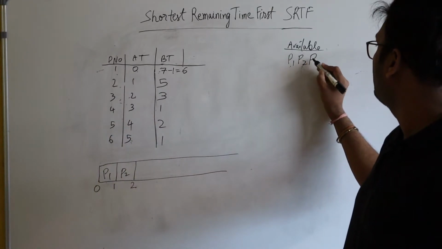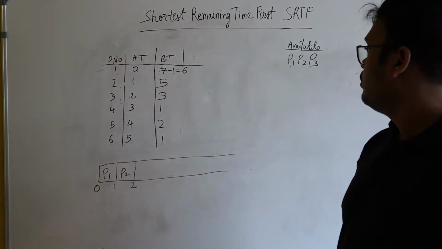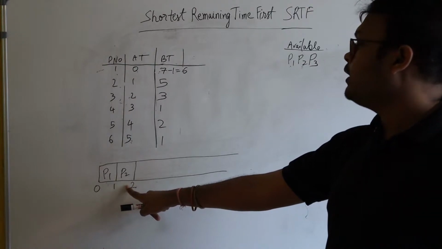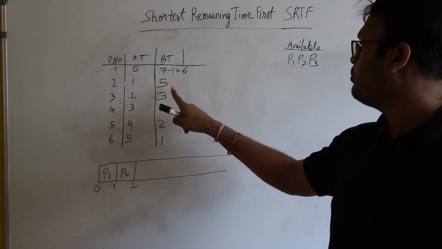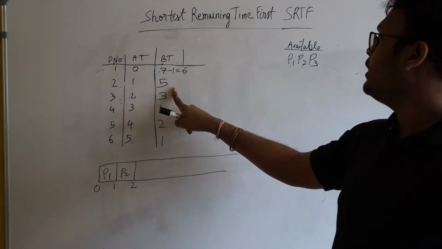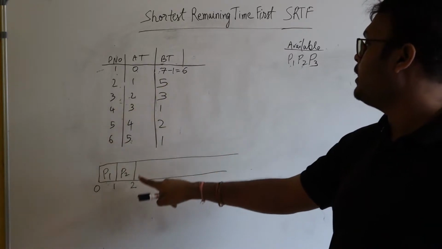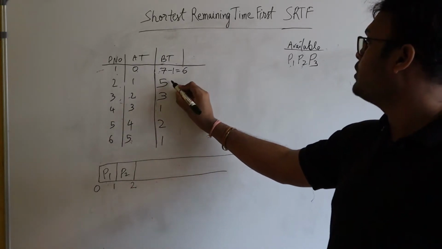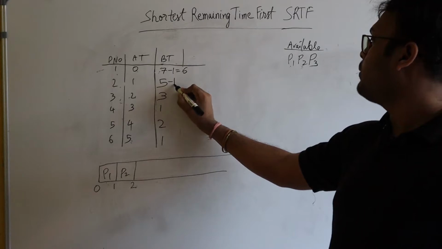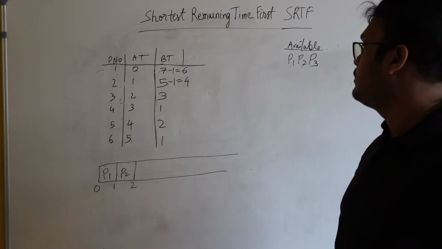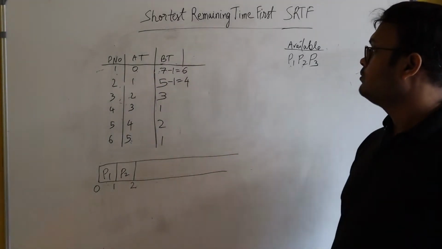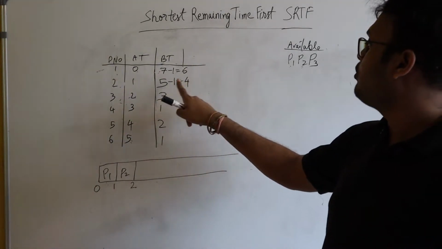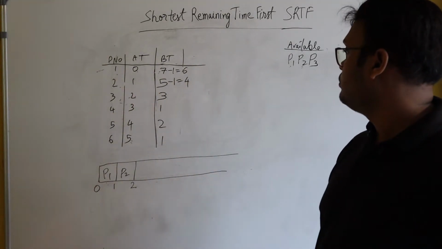P2 was to be executed for 5 seconds, but it executed just for 1 second. So here it will be 5 minus 1 is equal to 4 seconds left for P2.